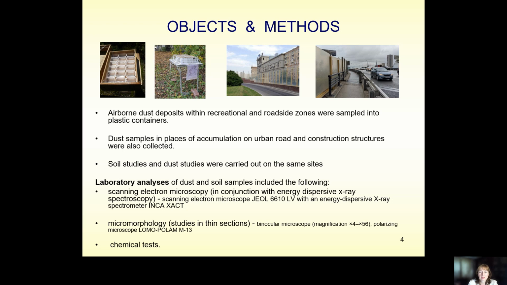Morphological and chemical properties of dust and soil were examined with microscopes, a binocular microscope and polarizing microscope, and a scanning electron microscope with an energy dispersive spectrometer. We used soil analysis methods for dust because both dust and soil have a silicate matrix.